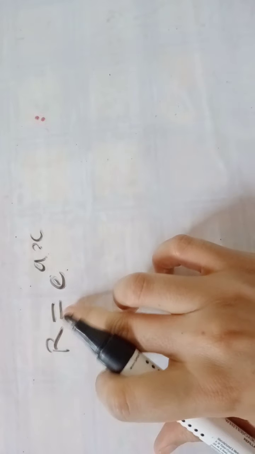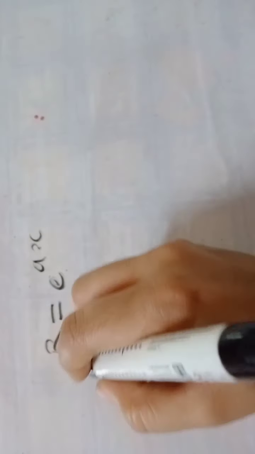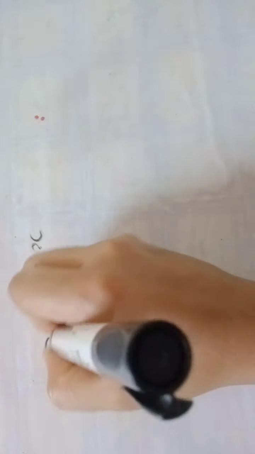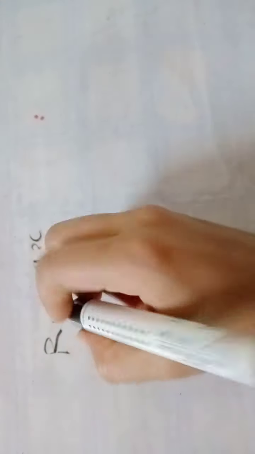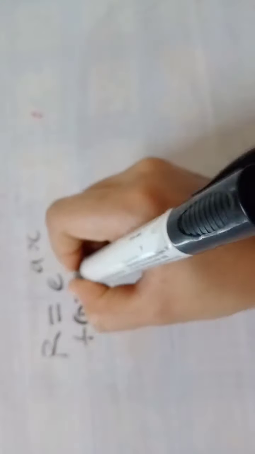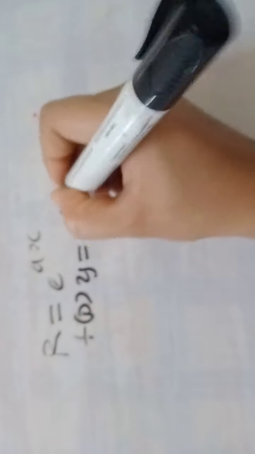If the right hand side R is equal to e raised to ax, we know that it is a non-homogeneous equation, that is, f of D into y is equal to R. Here R is equal to e raised to ax.